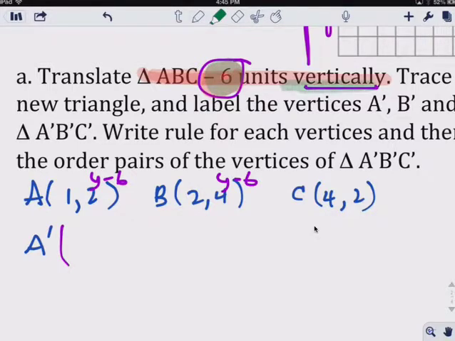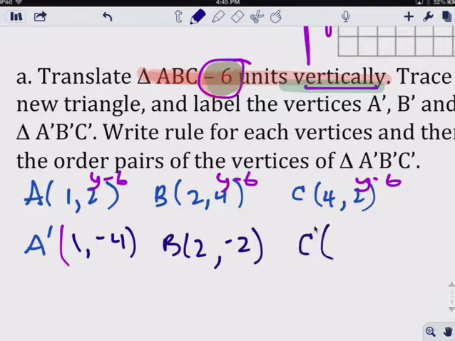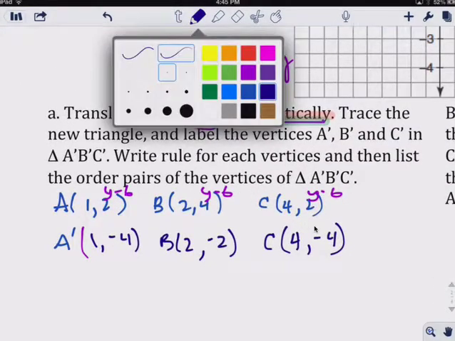So y - 6: for A, 2 - 6 is -4. B is 2, 4, and 4 - 6 is -2. C is 4, 2, and 2 - 6 is -4. I forgot the prime symbol there.